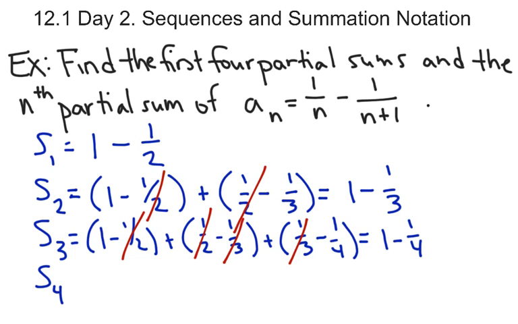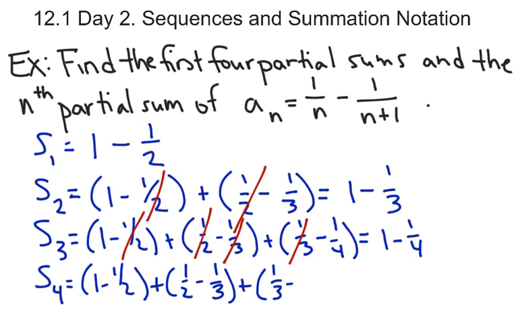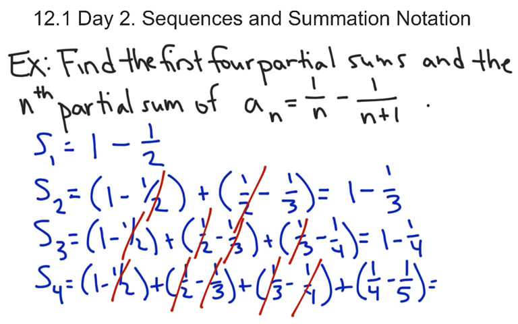And then the fourth partial sum, 1 minus 1/2 plus 1/2 minus 1/3 plus 1/3 minus 1/4, and the next one's going to be plus 1/4 minus 1/5. And the 1/2s cancel, the 1/3s cancel, the 1/4s cancel, and you're left with 1 minus 1/5.